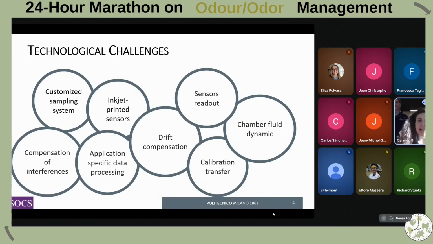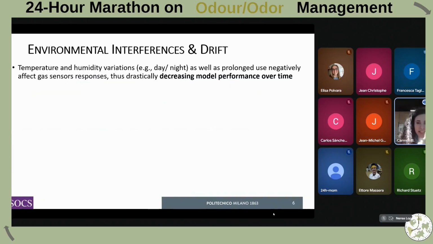Today I will focus specifically on two big tasks: the compensation of interferences that had already been discussed this morning, and the compensation of drift, because, as everyone attending this conference knows, the signals provided by gas sensors experience drift over time, which has some negative consequences on the signals and on the outputs that this type of instrument can provide for environmental monitoring.